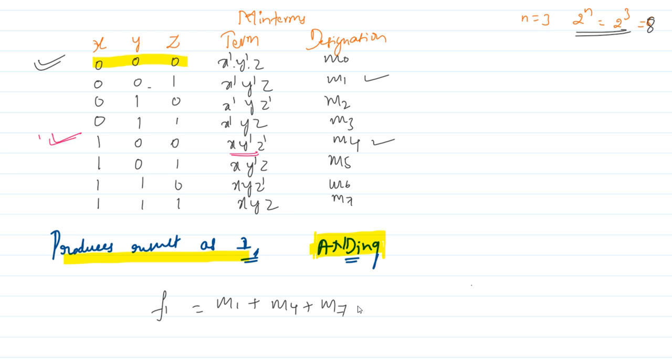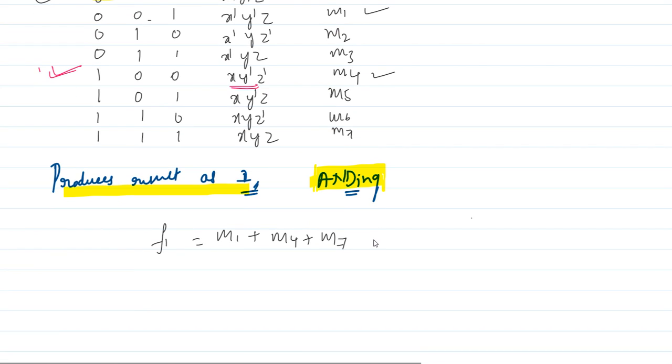By considering these min terms, how can I write the function? The function for min terms is always a sum of the min terms. Min terms always produce the result 1, so the function from the min terms should produce the result 1. What is m1 here? m1 is x prime y prime z.